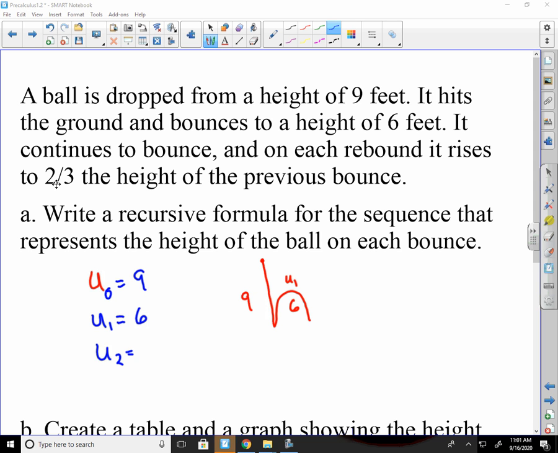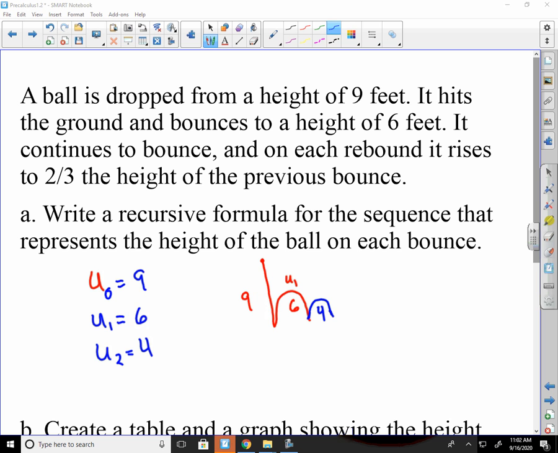It says it's 2/3 the height of the previous bounce of the ball. So if I take 6 and multiply it by 2/3, sorry, I made that come up too high. 6 times 2 is 12. Divided by 3 is 4. So u sub 2 would be 4.